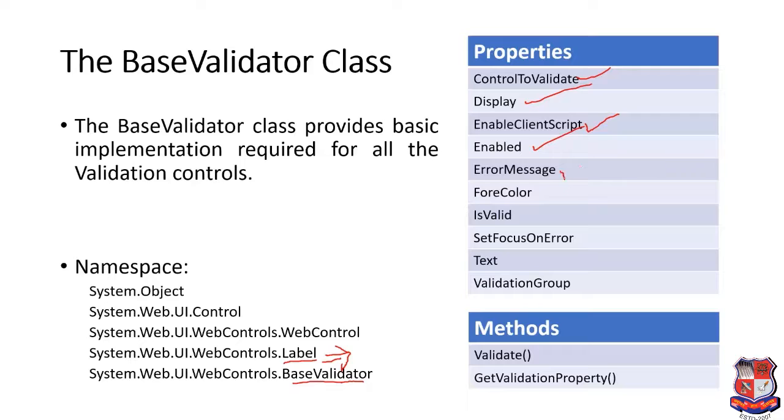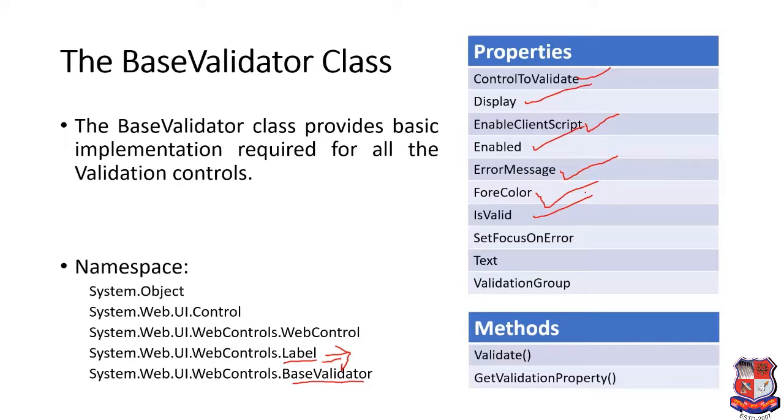Next is ErrorMessage. It is used to handle the text for the error message displayed in a validation summary control when validation fails. Next is ForeColor. It is used to handle the color of the message displayed when validation fails. Next is IsValid.